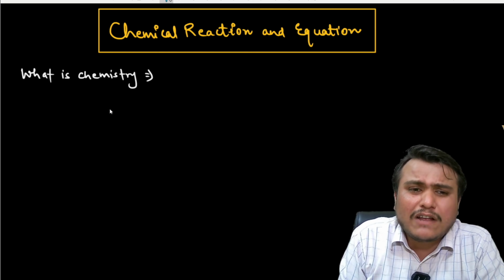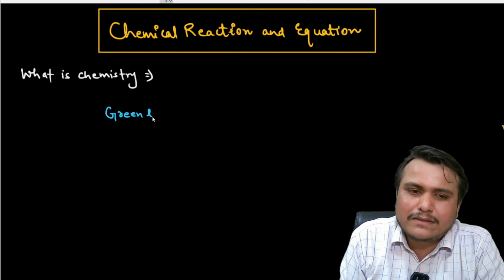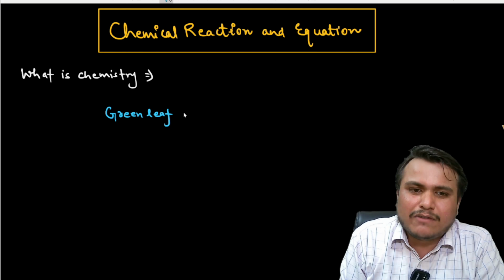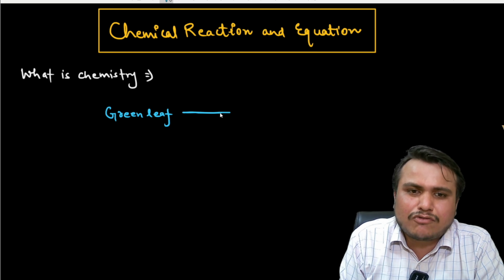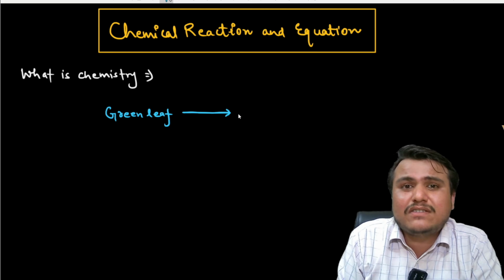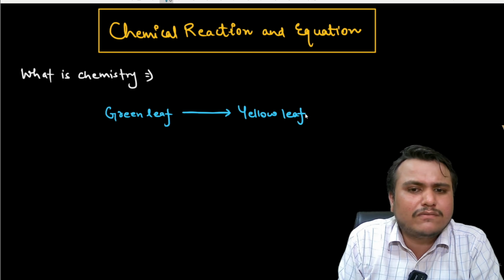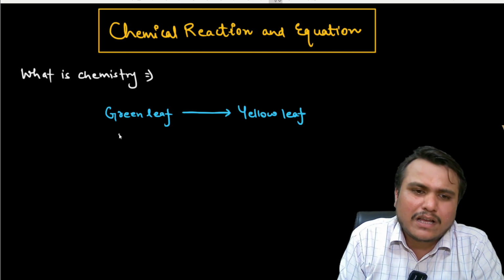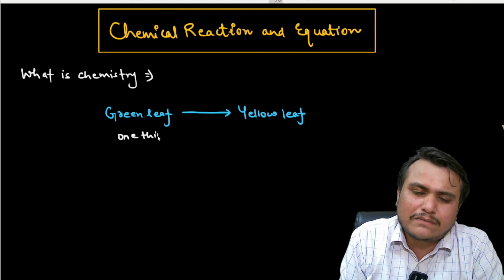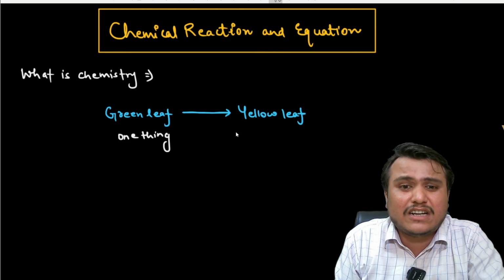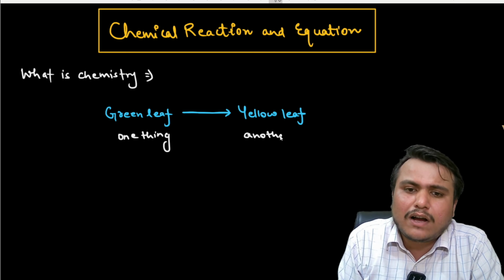You all have seen green leaves on trees, but in the month of February, when these green leaves fall down by themselves, their color changes to yellow, they become yellow leaves. So what we are observing here is that a green leaf is one thing, and when it falls down, its color changes, it gets converted into another thing.